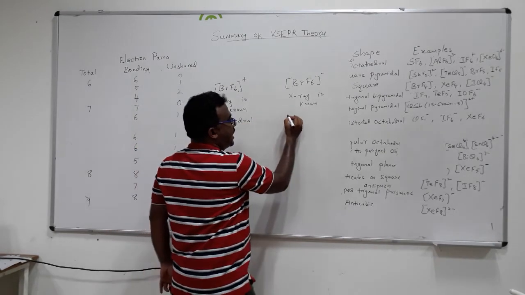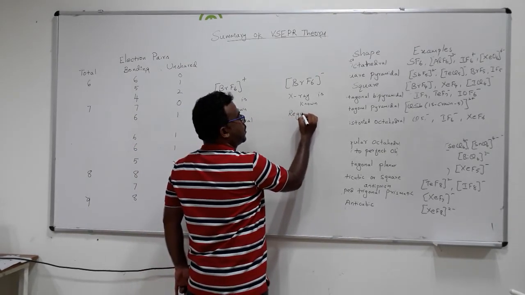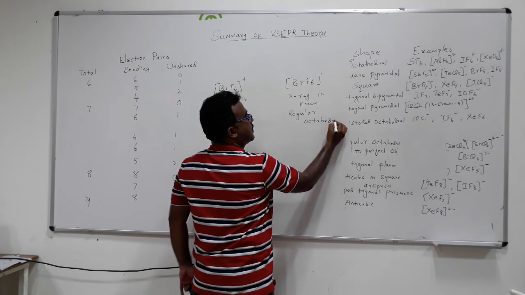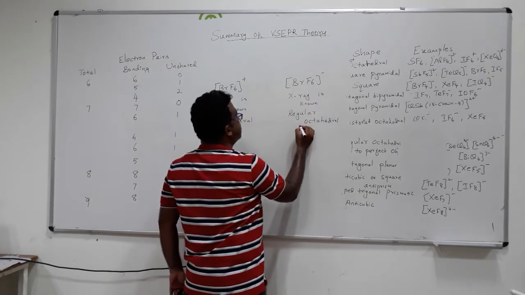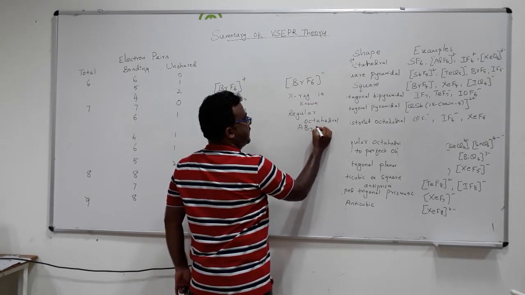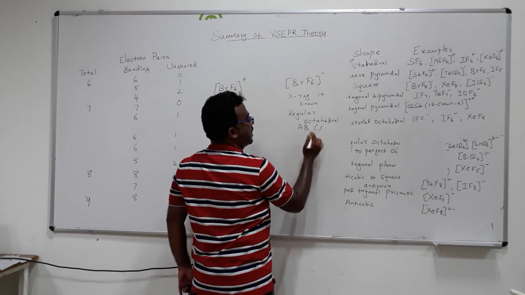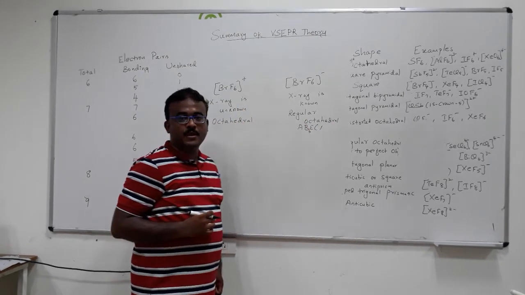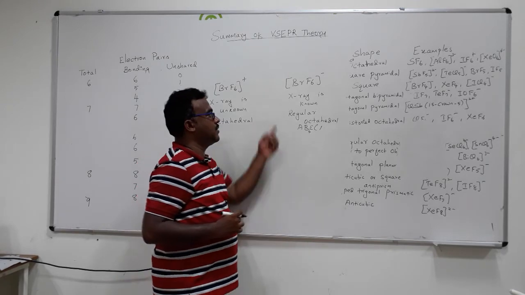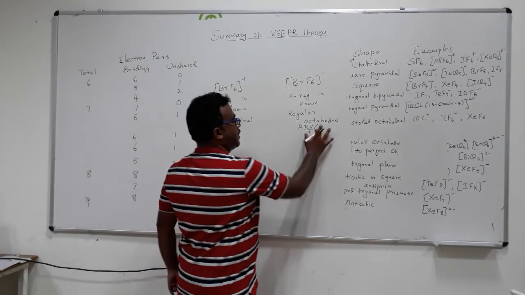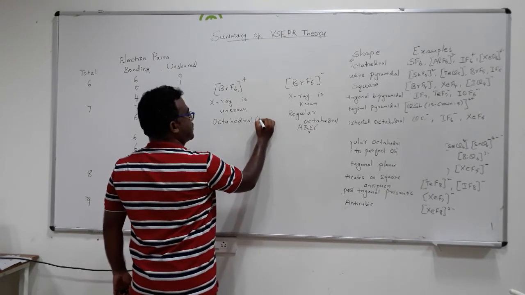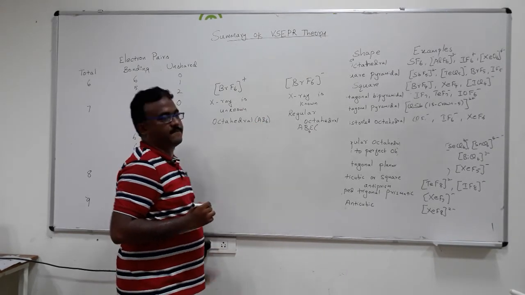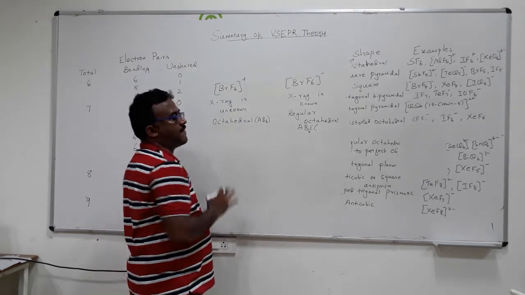This one is regular octahedral because it comes under the AB7 system, that means AB6E, because the lone pair of electrons is stereochemically inactive. That's what happened. It is regular octahedral. In this case, it's almost a perfect octahedral, but the structure is not known yet, so I can't say perfect octahedral. Anyway, this also has octahedral geometry.